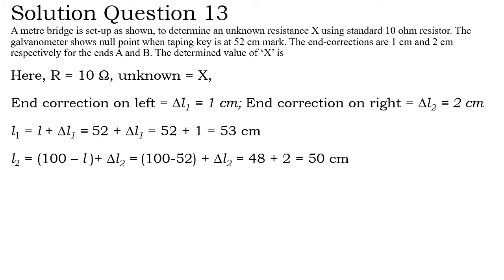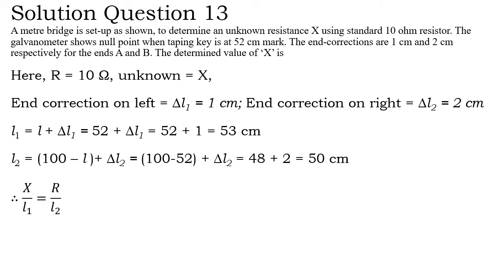So obviously it is 100 minus L, and to that we have to add delta L2. So we write it as 100 minus 52 plus delta L2, which is nothing but 48 plus 2, which is 50 centimeter.